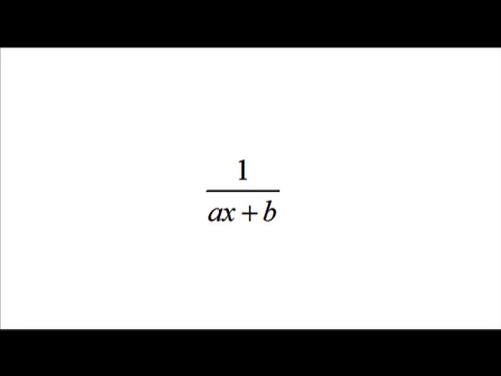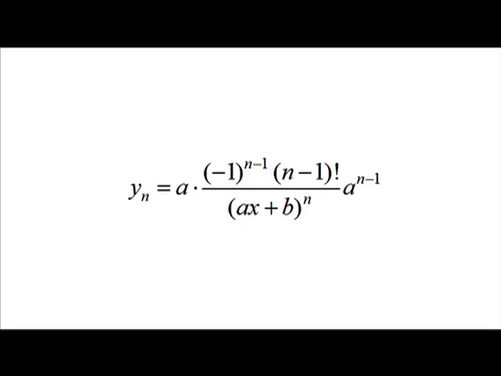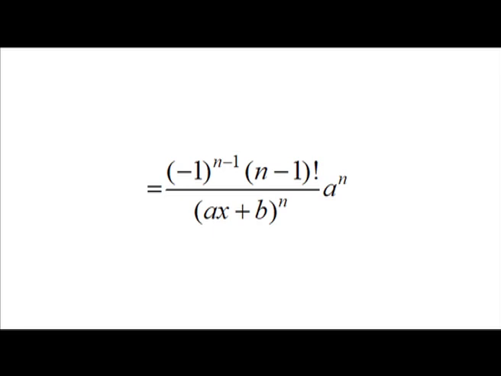Now, using the nth derivative formula of 1 divided by (ax plus b), we obtain yn is equal to a into minus 1 power n minus 1 into (n minus 1) factorial divided by (ax plus b) all power n into a power n minus 1, equal to minus 1 power n minus 1 into (n minus 1) factorial divided by (ax plus b) all power n into a power n.